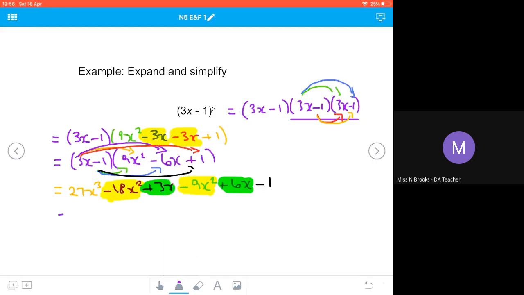So our final answer is going to be 27x cubed minus 18x squared, take away 9x squared is going to give us minus 27x squared, plus 3x plus 6x is going to give us plus 9x, and then we've got negative 1 at the end. And so the expansion of 3x minus 1 all cubed is 27x cubed minus 27x squared plus 9x minus 1.